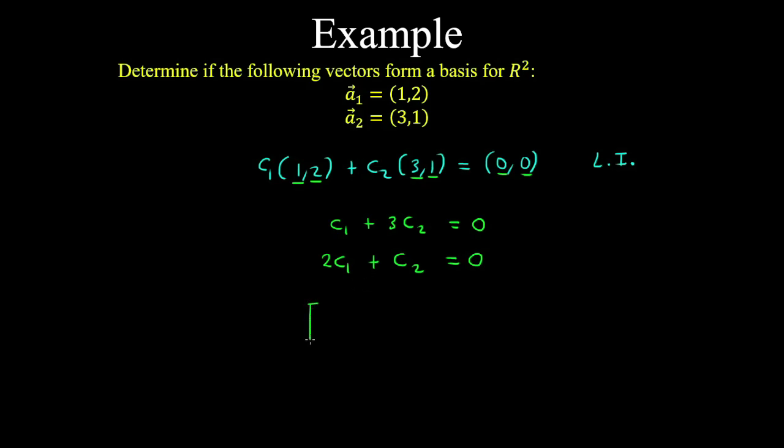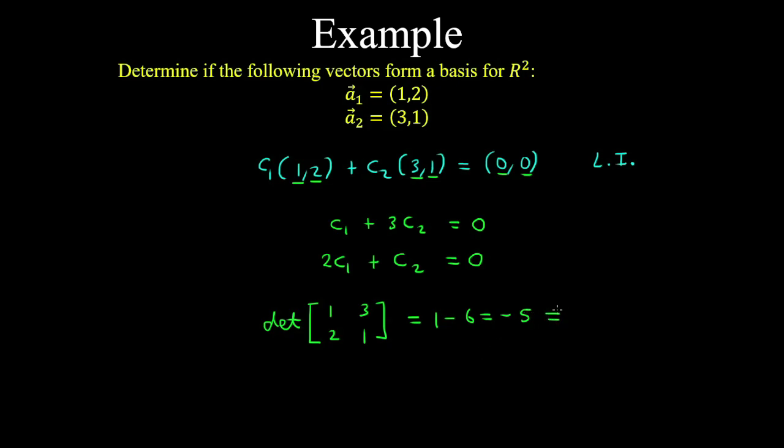And therefore our matrix of coefficients is 1, 3, 2, 1. And if we take the determinant of this matrix, we get 1 by 1 minus 3 by 2, which is minus 5.